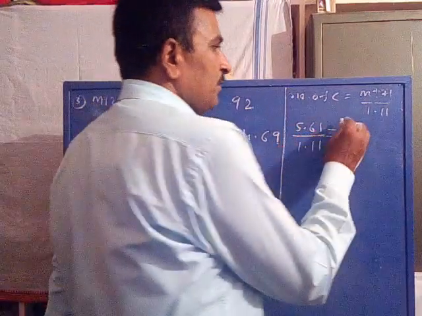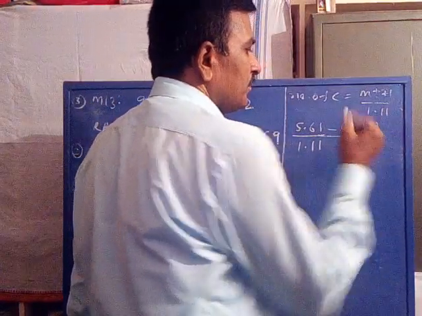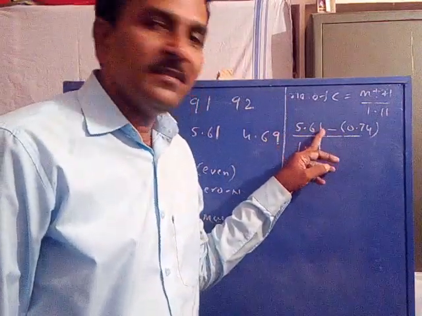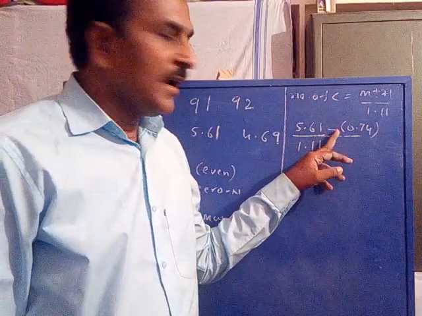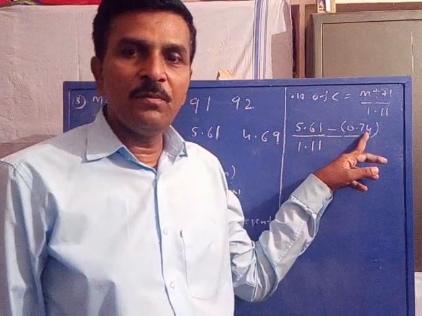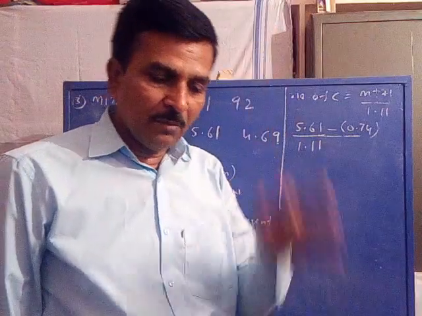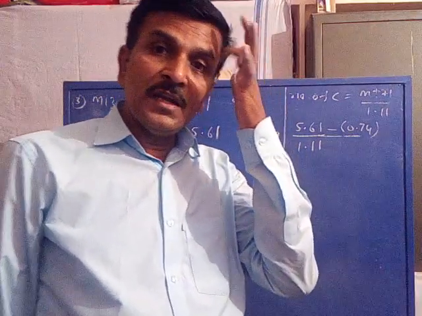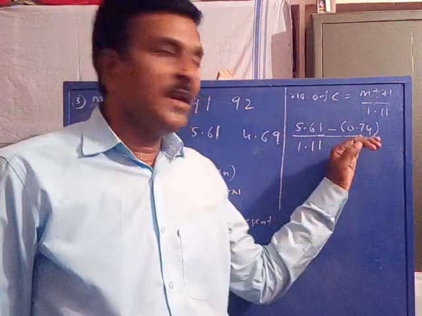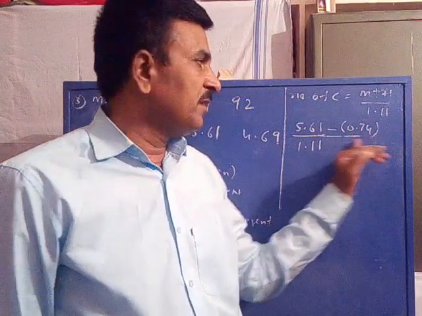The natural abundance of the first heavier isotopic atom of sulfur, 33S, is 0.74. So 5.61, the +1 signal intensity, minus the natural abundance of the sulfur heavier isotope, 0.74, divided by the natural abundance of carbon. Before calculating the number of carbons, we should delete this contribution.